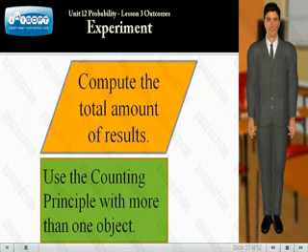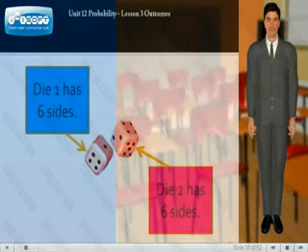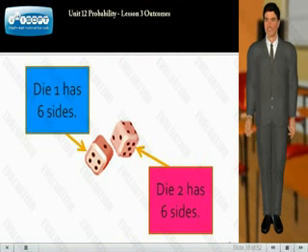But let's try something different. Let's compute the total amount of results, but this time, let's use the counting principle, since we have more than one object. Recall that the first die has 6 sides with 1, 2, 3, 4, 5, 6. And the second die also has 6 sides with 1, 2, 3, 4, 5, 6. So the first die has 6 choices, the second die has 6 choices.